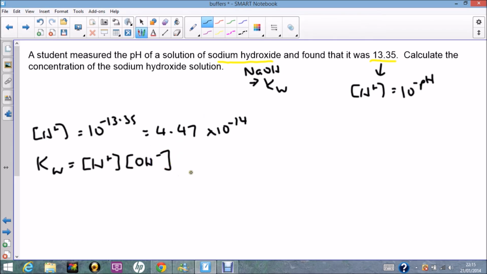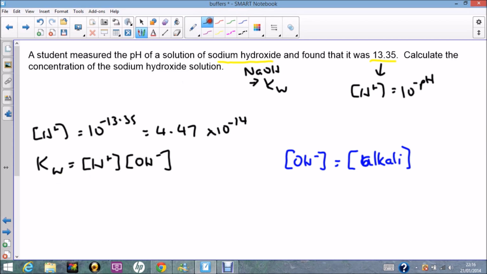And we should remember that for bases, OH minus equals the concentration of the base, of the alkali. Okay, this applies to bases like sodium hydroxide where there's only one OH ion. We'll look at some others where there's two OH ions as well.